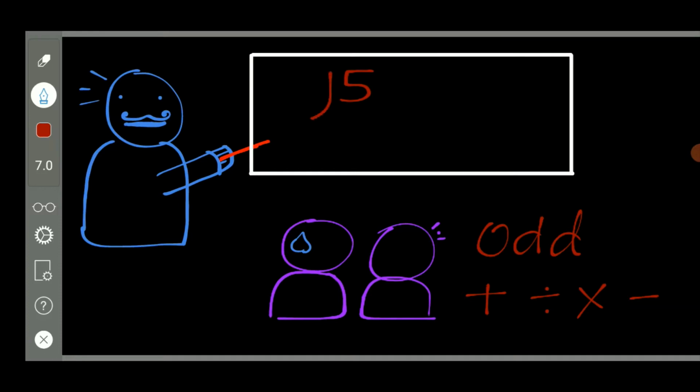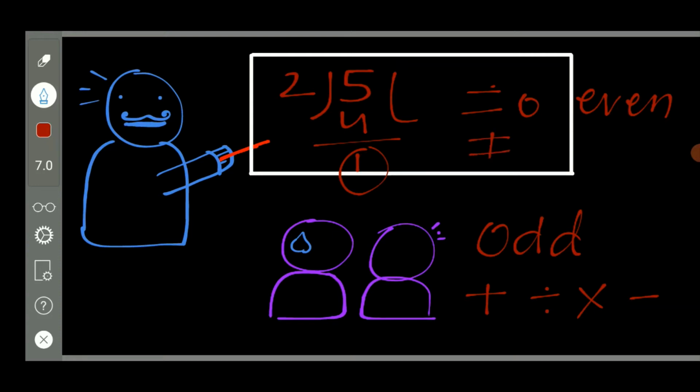He will simply tell you the process, that by dividing it by 2 and checking the remainder, you can tell if the number is even or odd. If it equals 0, then the number is even. If it does not equal 0, then the number is odd.